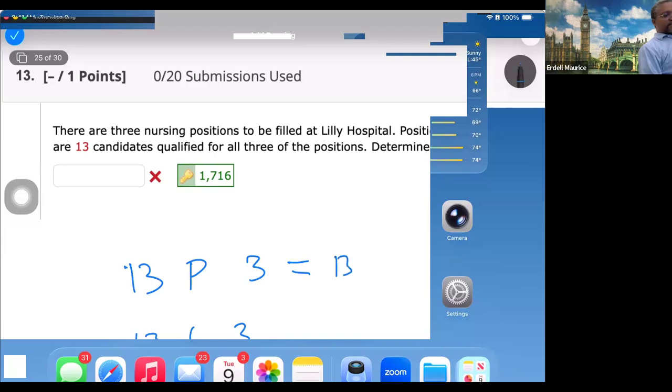It should be 13 times 12 times 11, but plug this into your calculator. Questions there? Is it right? I'm crossing my fingers here. I'm pausing again. Any more questions before we move on to the next question?